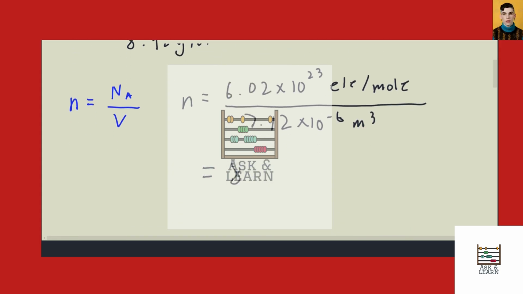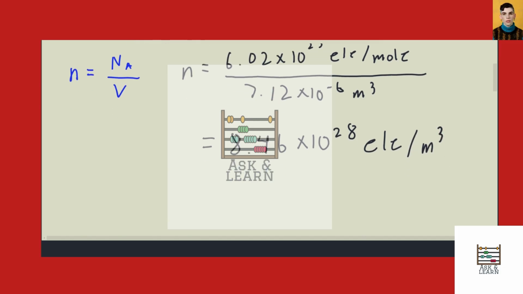And so this will give us 8.46 times 10 to the 28 electrons per meter cubed.